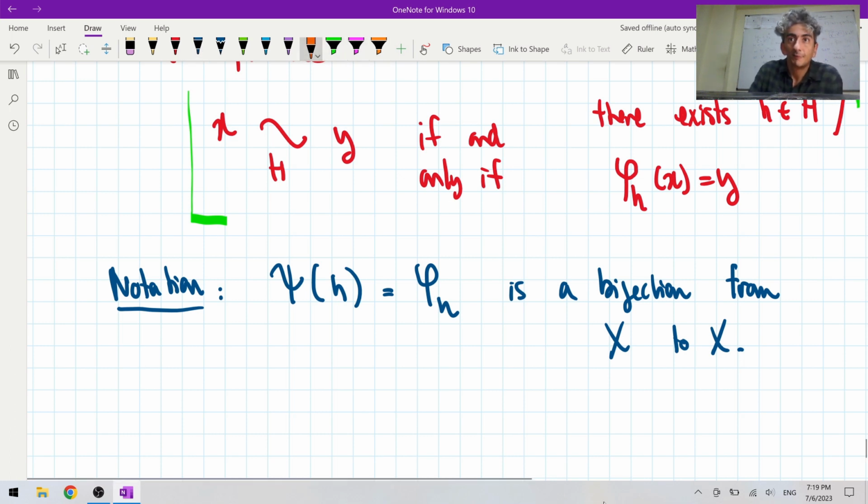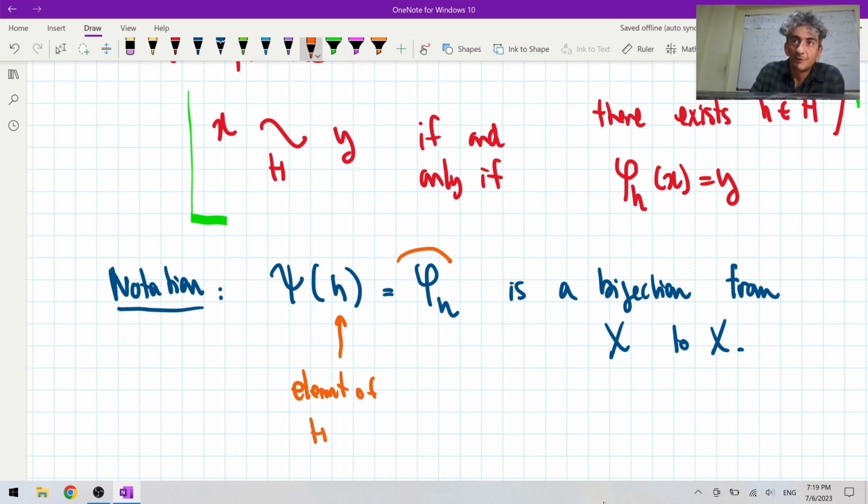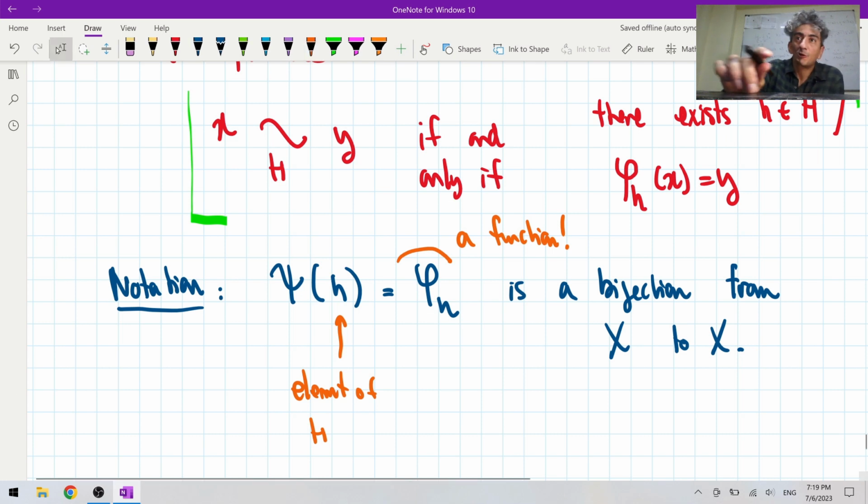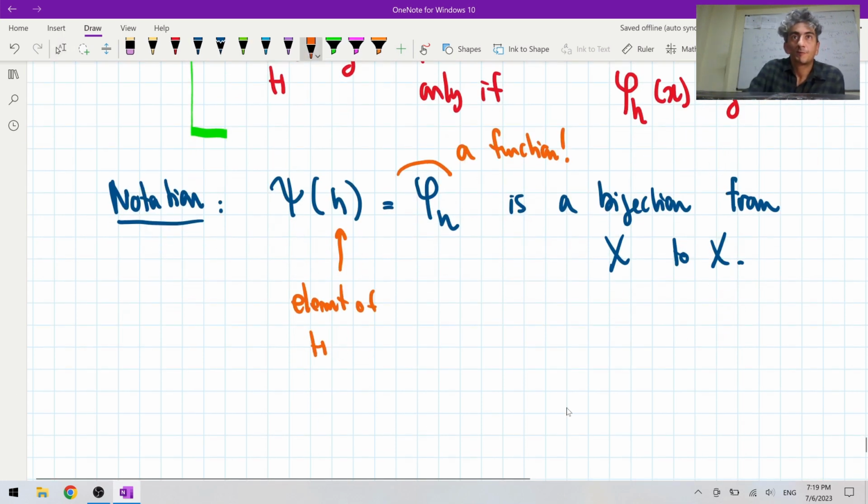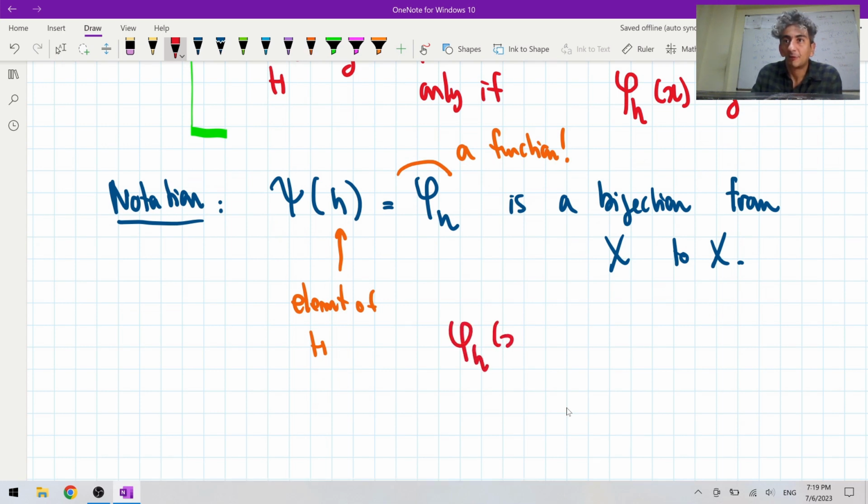It's an element of H, and the image is actually a function. And the notation that we're going to use, this function applied to X, where X is an element of big X, will be noted H acting on X.